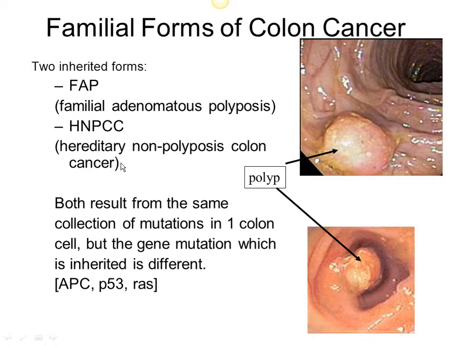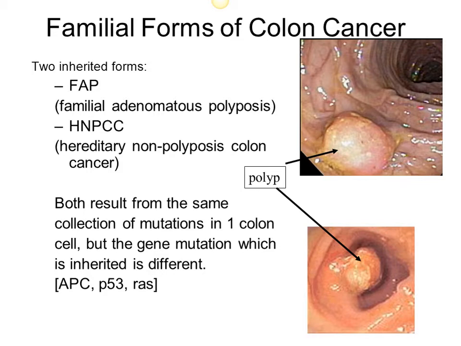progress is the same. They both end up with a mutation in APC, a mutation in P53, a mutation in RAS. And so, the only thing that's different is that the inherited gene mutation is different. In the familial adenomatous polyposis, you inherit the mutation in APC. So you get one mutant allele in every cell in your body.